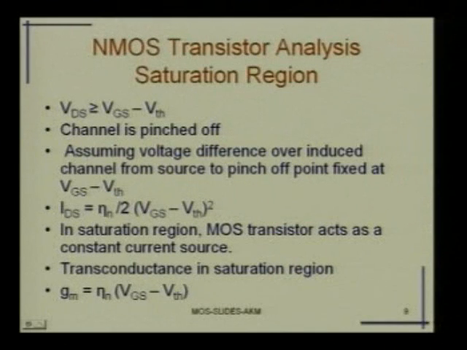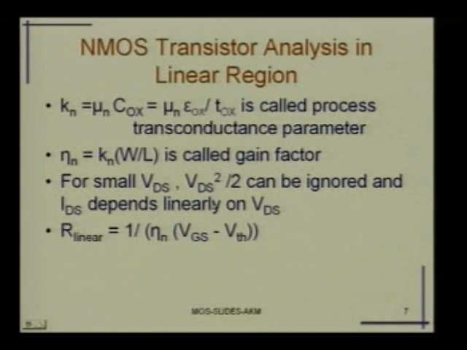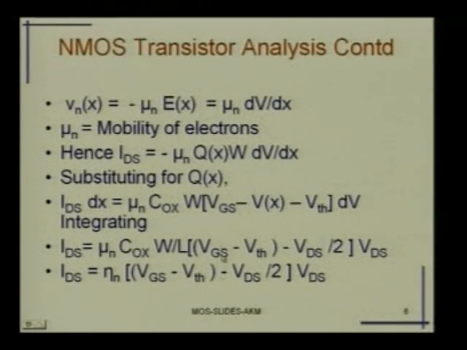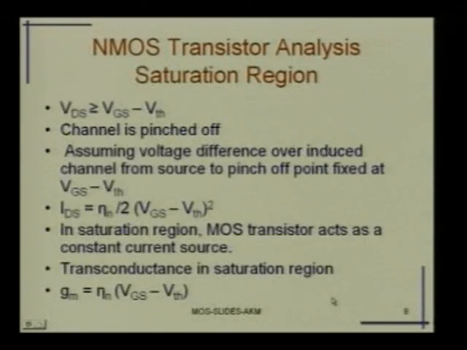Therefore, when you assume that the voltage difference over the induced channel is fixed at VGS minus VTH, if you look back at the previous equation, what you merely do is put the VDS value equal to VGS minus VTH, so the current is not supposed to increase.